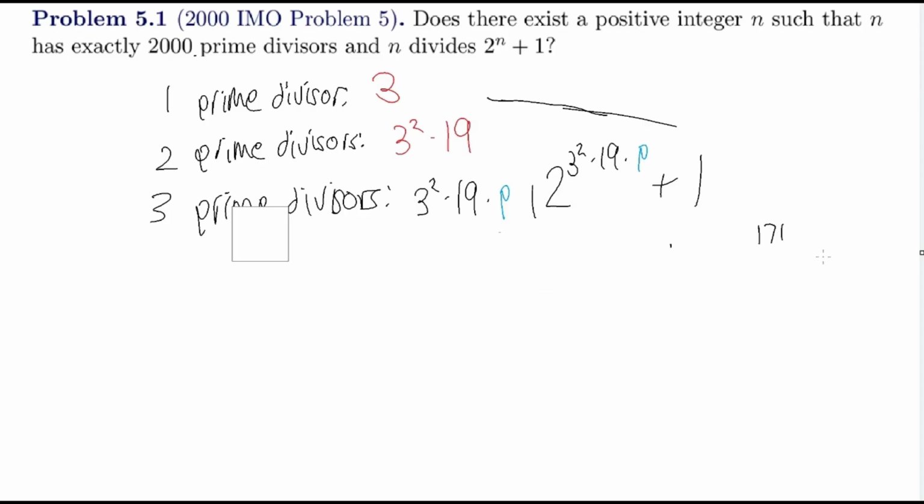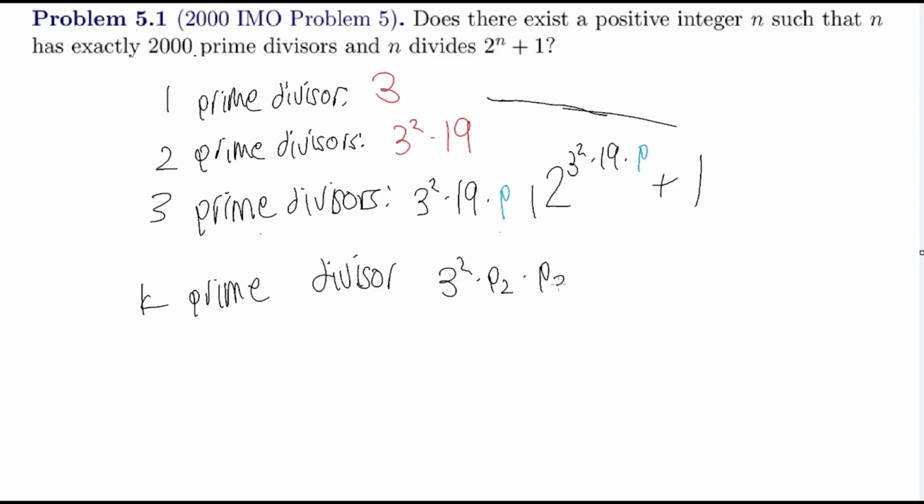Can we generalize this idea? Well, yes, we can. So specifically, suppose we have our k prime divisors, and we have its 3 squared times like 19, which I'm going to call p2 for now. Then our prime p that we found earlier, which is p3, and so on and so forth, all the way to pk. So we have k prime divisors here.